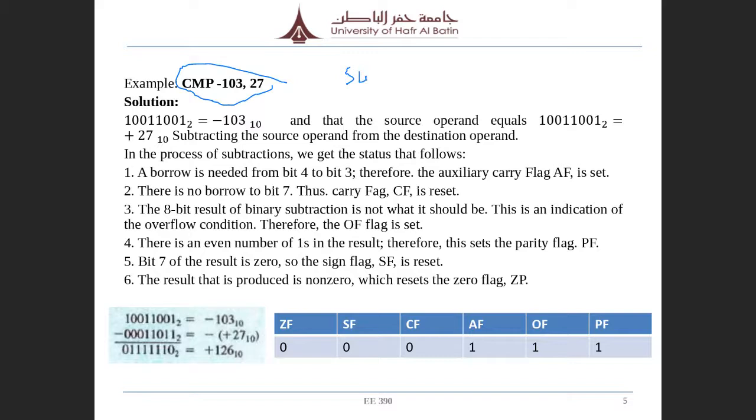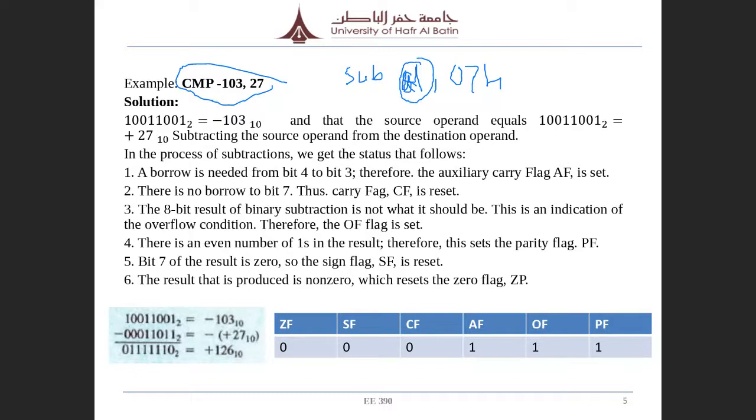For example, if we write sub al, 07, al content minus 07 is the subtraction, and then the result will be saved in the first operand, which is al. But during the compare operation, the result is not saved anywhere.